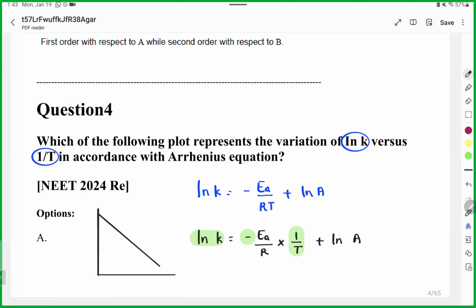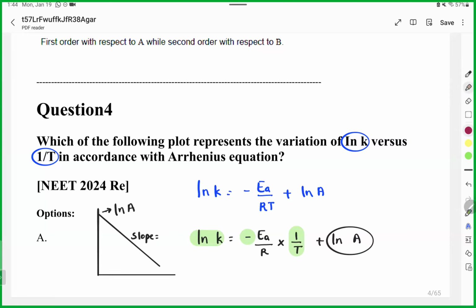Okay. So what will be the y-intercept, Anvita? What will be the y-intercept in this case? Natural log A. This is C. What will be the slope, Tuhina?